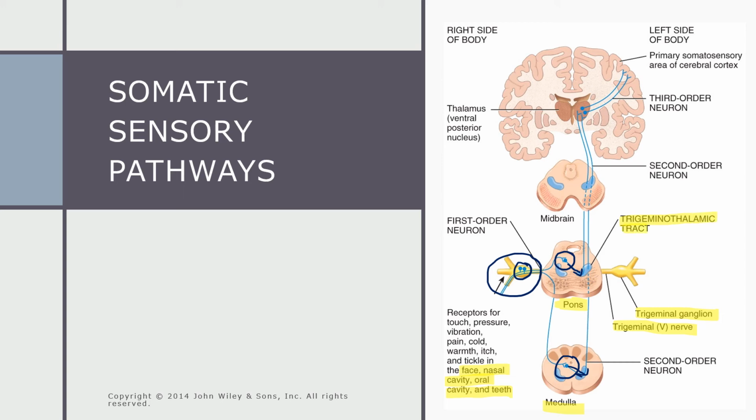And then just like the other 2 pathways, the second order neurons will ascend to the ventral posterior nucleus in the thalamus on the same side, where they will synapse with third order neurons, and those third order neurons will project their axons into the primary somatosensory area of the cerebral cortex, which is on the same side that they synapsed with those second order neurons.